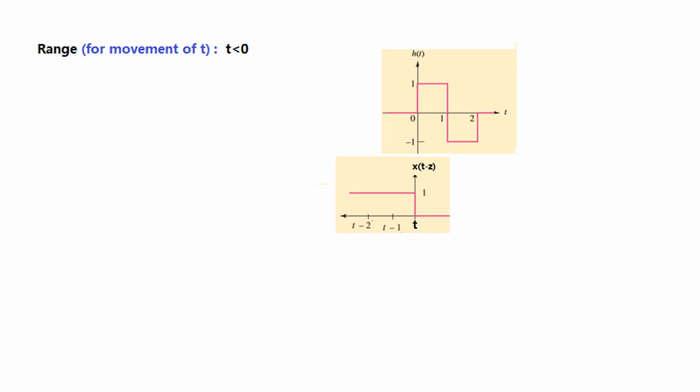This t has been moved to a point which is less than 0, and since there is no overlap between the two signals, there is a small gap, and therefore the output will be 0, because the output is the multiplication of the overlaps. So the output is 0 for t less than 0.